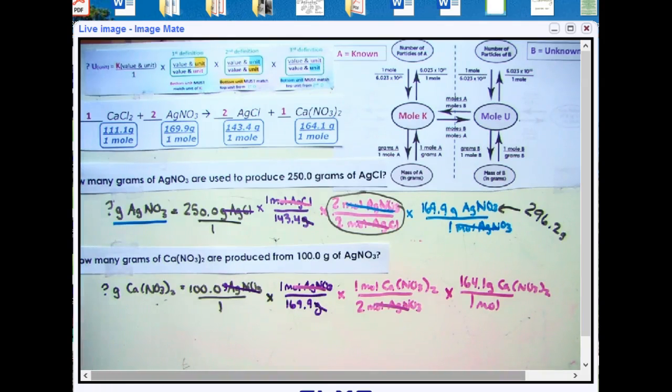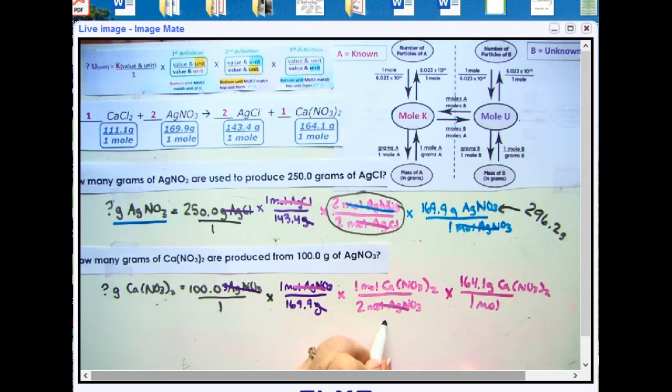Okay, in this particular case we have one additional division, but we're going to take 100 multiplied by 164.1. Then we're going to come down on the bottom, divide by 169.9, and then divide by 2 as well. You can always simplify the bottom first, put it in parentheses, multiply it, and then only have to divide by 1.